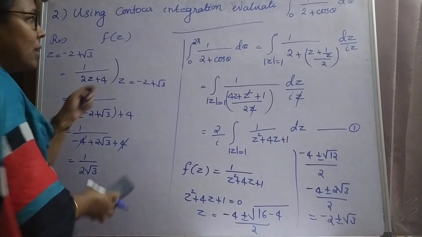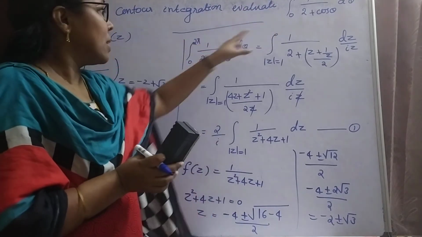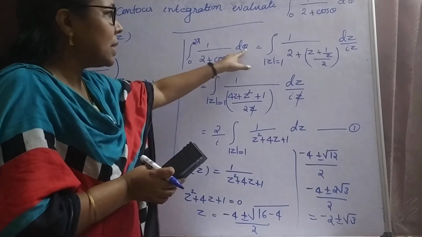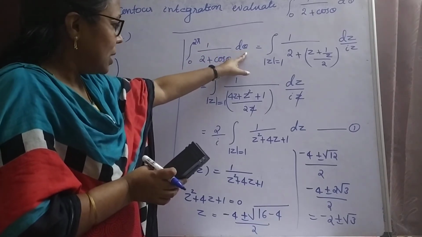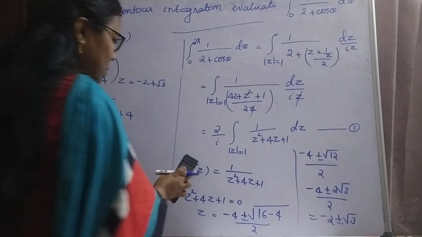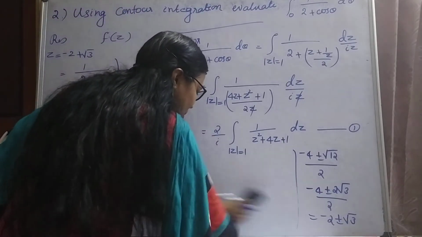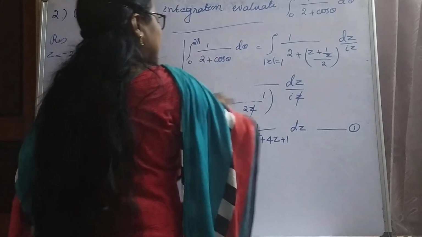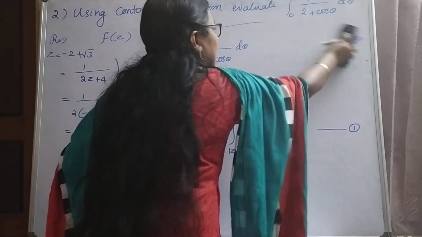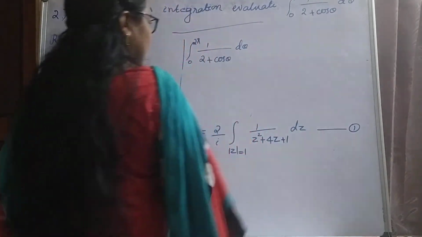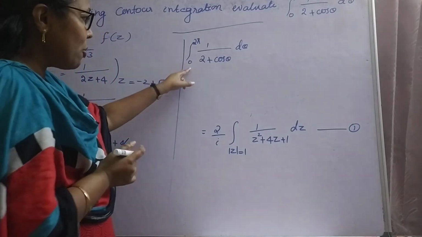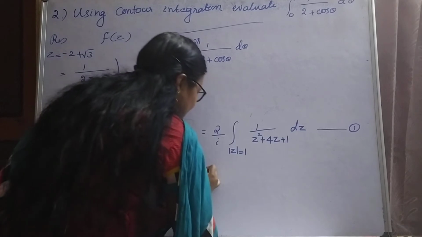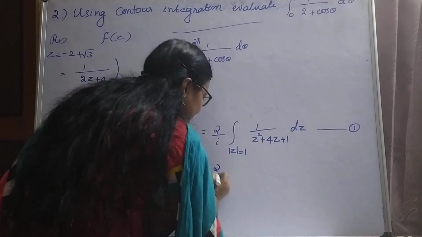Now coming to our question, which is integral 0 to 2 pi 1 by 2 plus cos theta d theta. It becomes this form. From equation number 1, the integral of our question becomes this form, that is 2 by i.